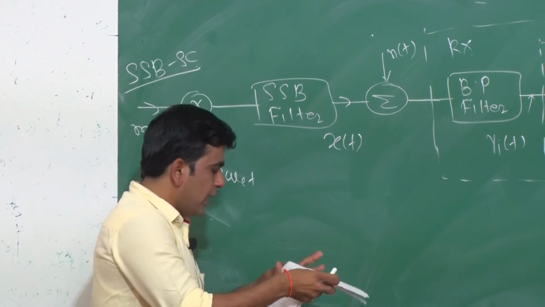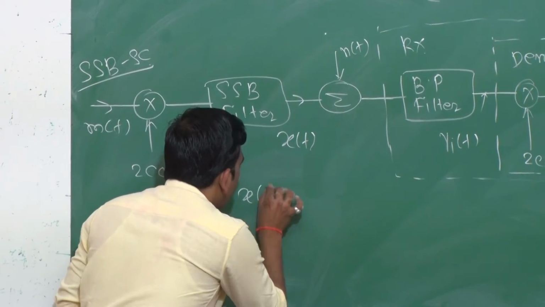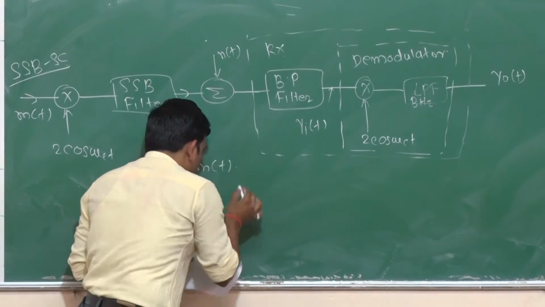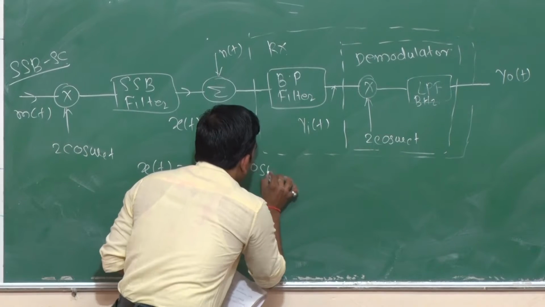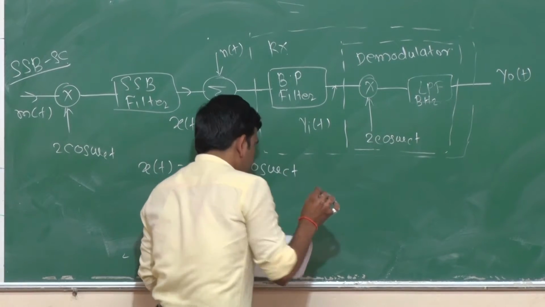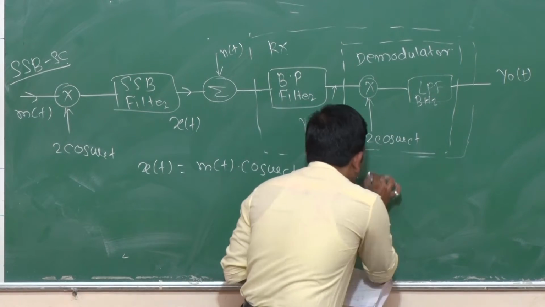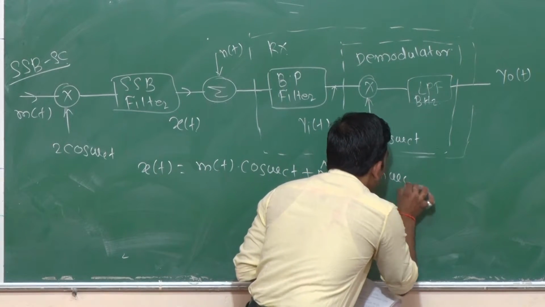So here we have x(t), which is given as m(t) multiplied with cos omega_c t plus m cap(t) sin omega_c t.